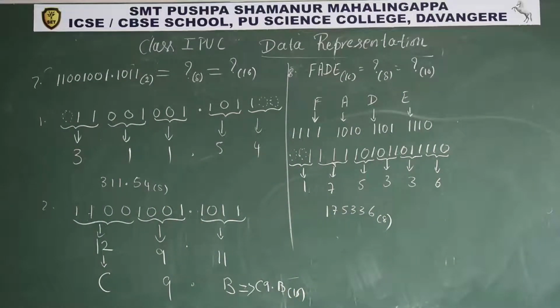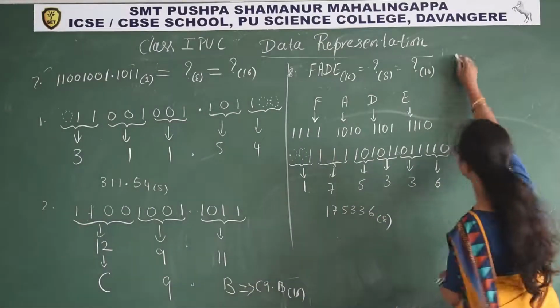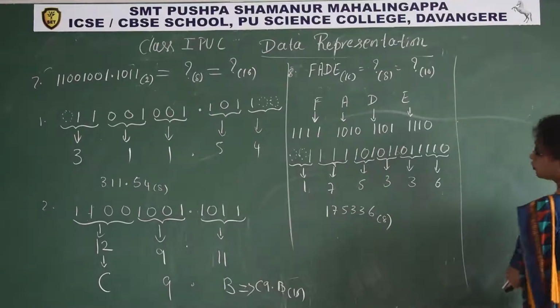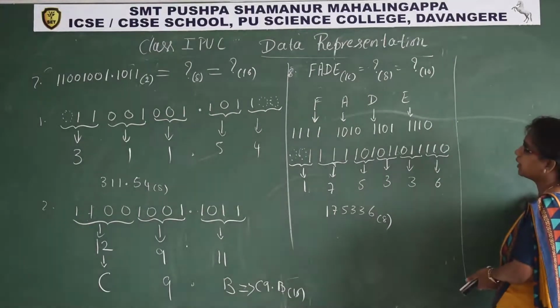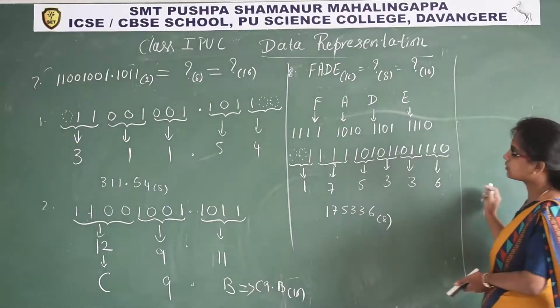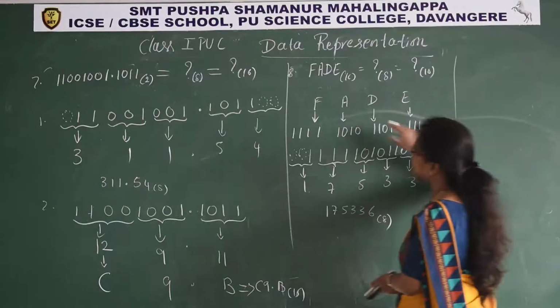Next, convert into decimal. How to convert a number into decimal? From which number system are we going to convert? We have to multiply the digits by 16.